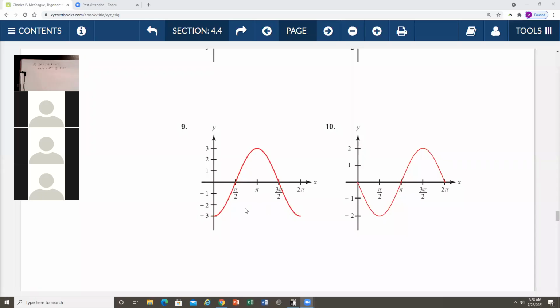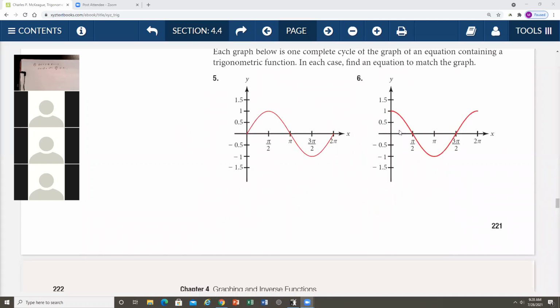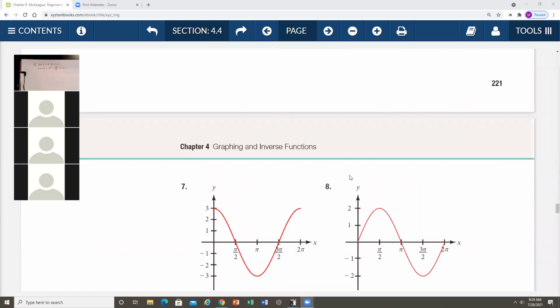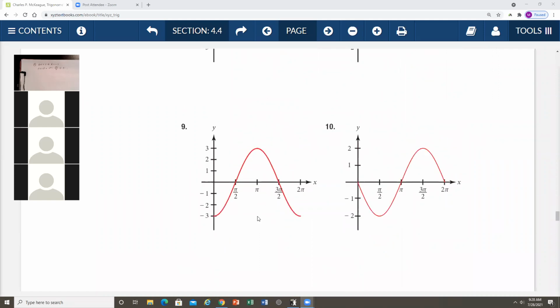All right, let's go onwards now. Okay, now another thing. Does it appear, ladies and gentlemen, that the graph of the basic cosine function, which is up here, has been shifted to the right or left to give us the graph of number 9? In other words, has this graph of number 9 experienced a phase shift? What do you think?